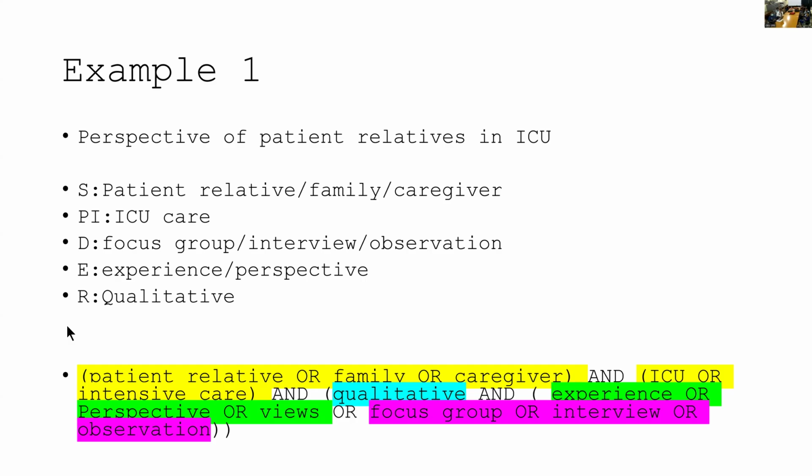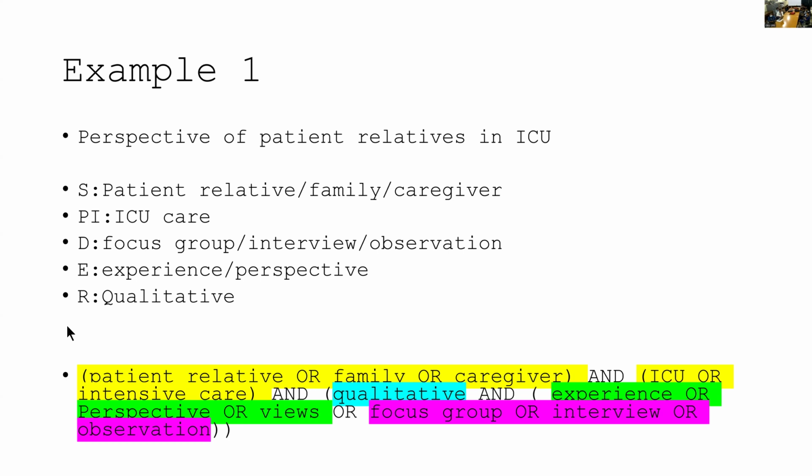You may get lots of articles you don't want, but you'll not miss anything. As opposed to a specific search strategy where you get only what you want, nothing is irrelevant, but you might have missed some relevant articles. So ultimately, you have to balance what you want. In some diagnostic tests, sensitivity is slightly different, but in search strategy, you have to have your mind clear. Do you want a sensitive strategy?